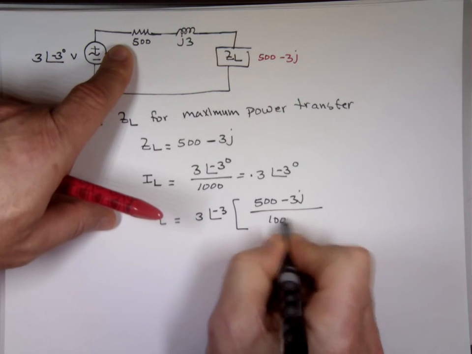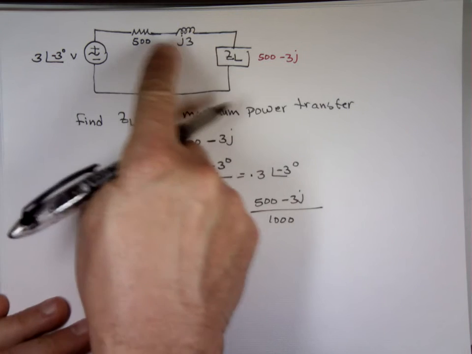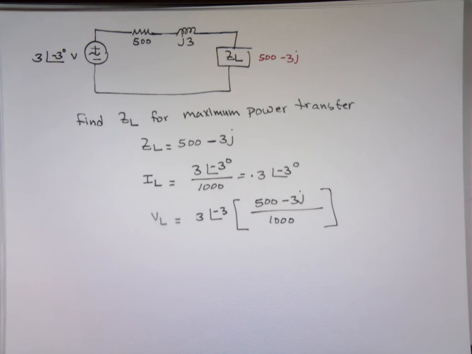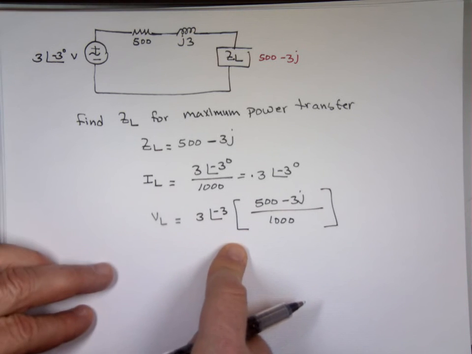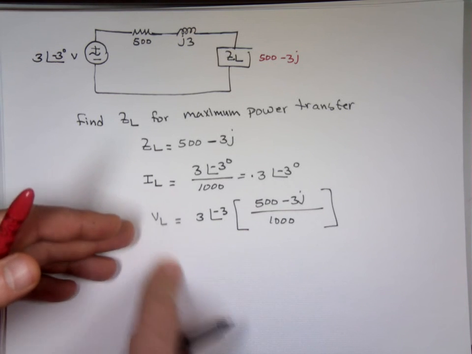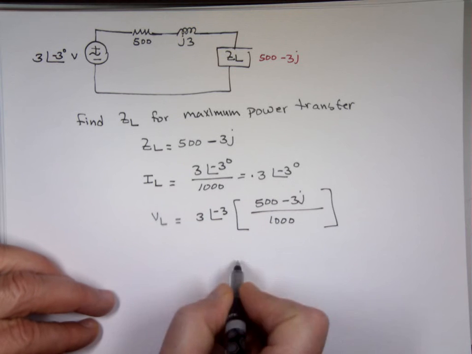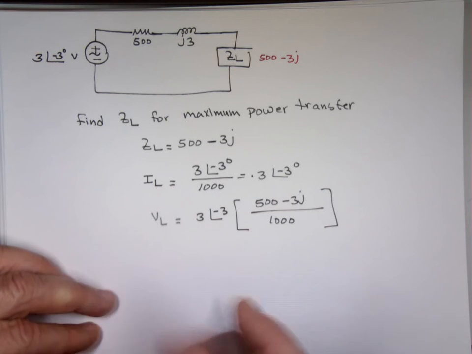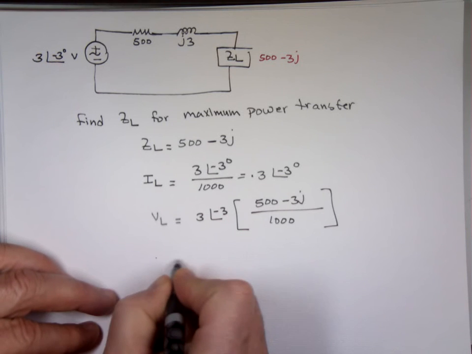Or you could have done it by taking the current times that value. Do I really need to calculate that? Probably not. Why? Because if you remember, we can calculate that and find what VL is, and go, okay, we know it's 1/2 V max I max cosine of theta V minus theta I. So let's see what that number is.